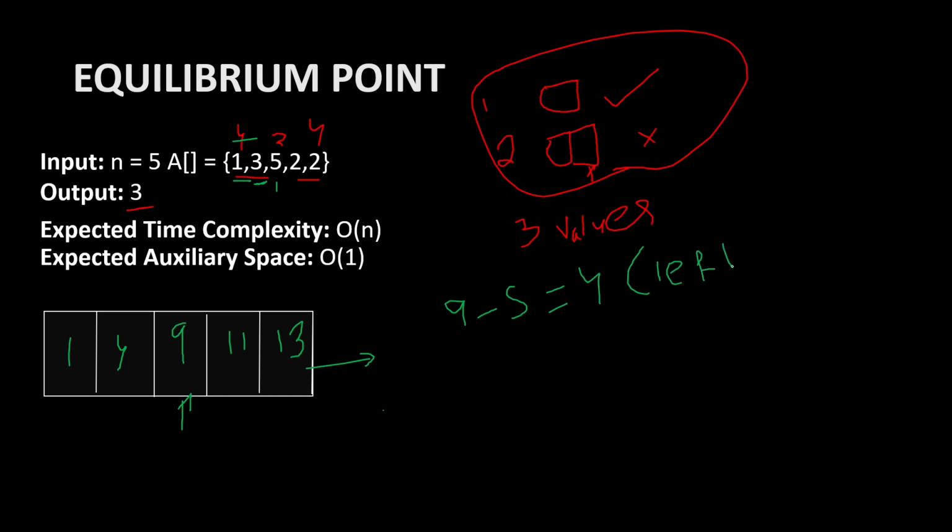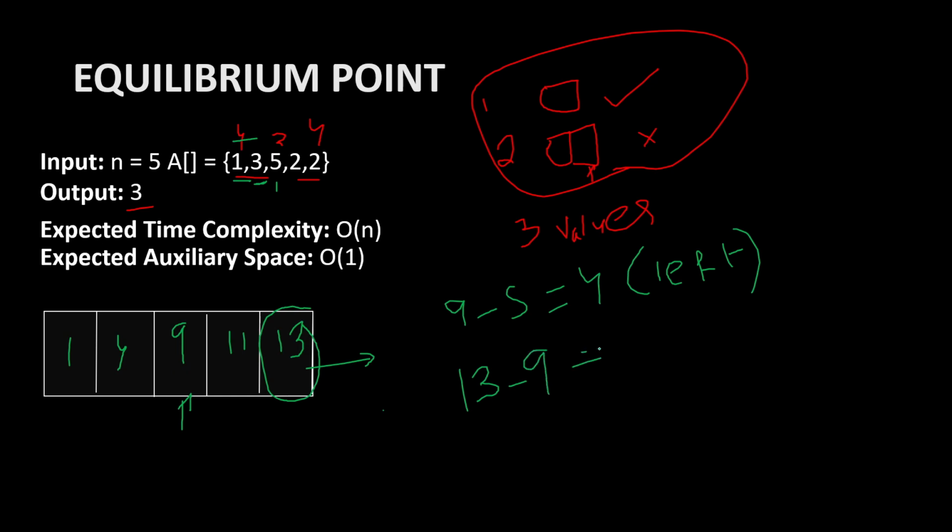Similarly, how will you take the right side? Now we have the total up to the second index, 9, and we also have the final value, 13, which is the total and the maximum value in the list. So 13 minus 9 gives us 4 again.